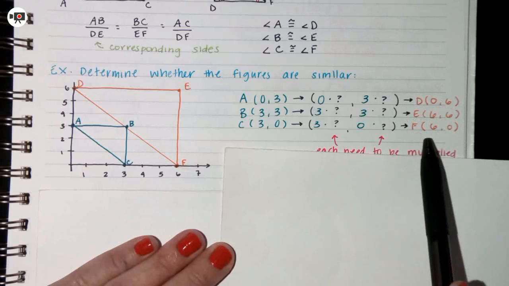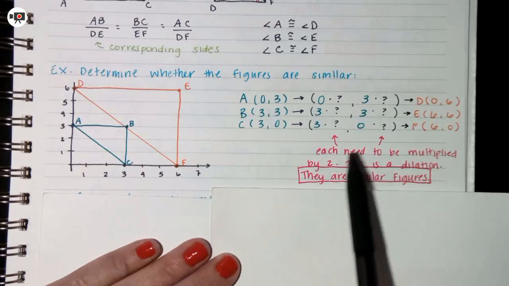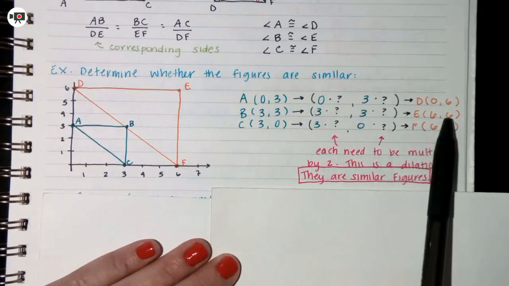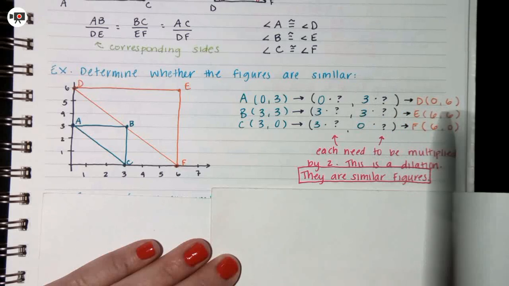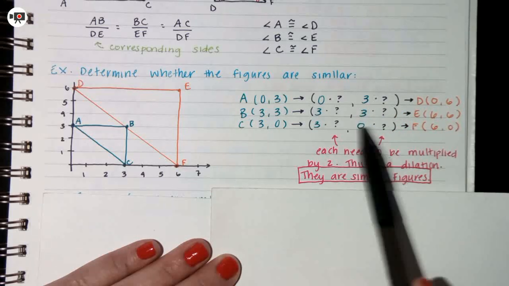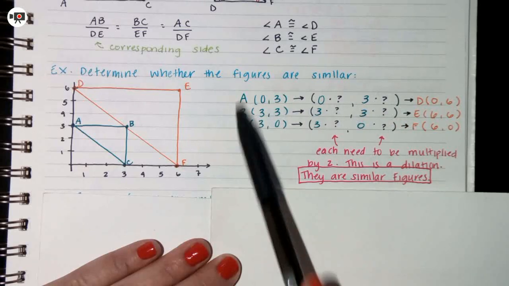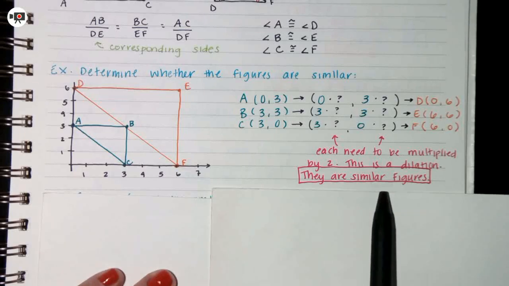And these are the points that I will end with. So for each of these, to go from 3, 3 to 6, 6, that's multiplied by 2. 3 to go to 6 here, also multiplied by 2. So if I use a scale factor of 2, I go from ABC to DEF, and therefore this is a similar figure.